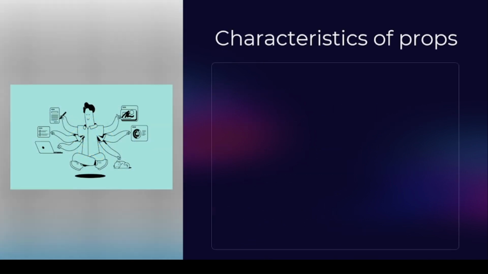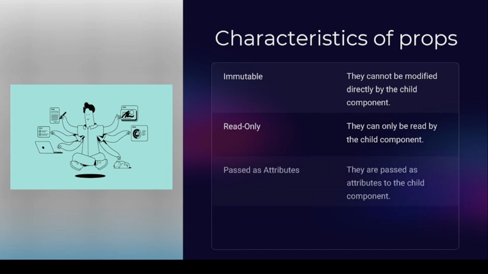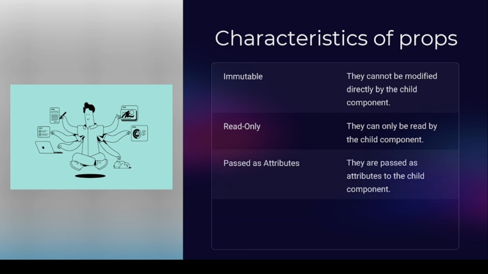Let's take a look at the characteristics of props. The first one is that they are immutable. They cannot be modified directly by the child component. They are read-only and can only be read by the child component. They can be passed as attributes to the child component. They are used for one-way communication from parent to child.